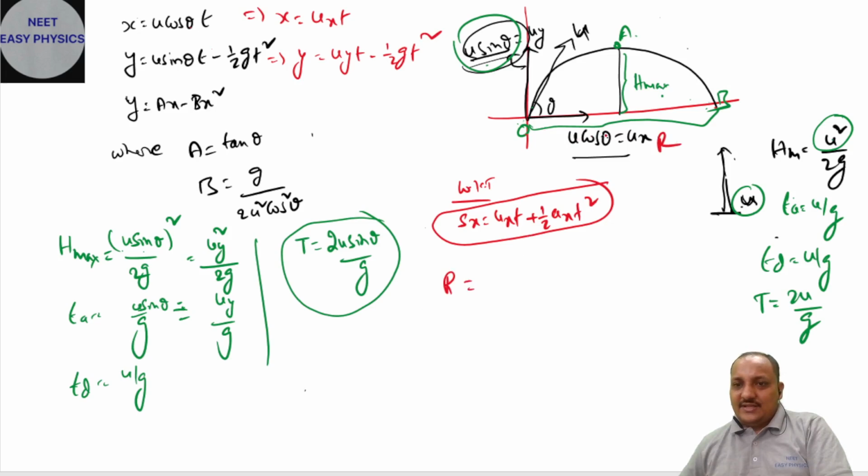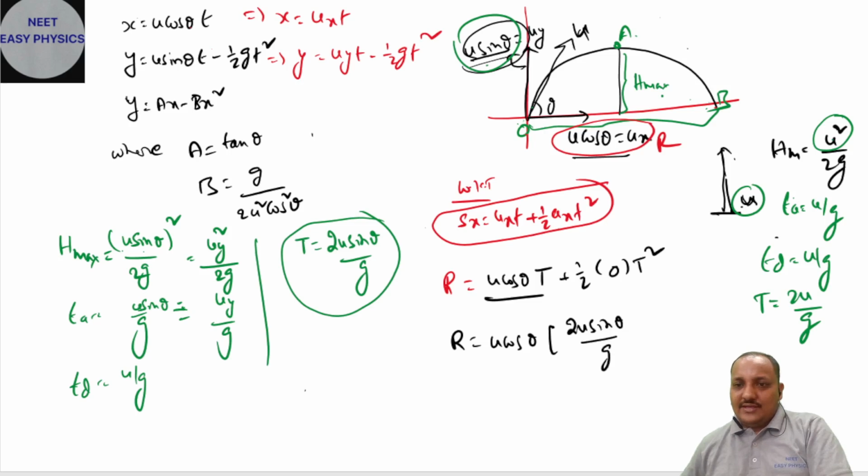What is ux? Ux is going to be u cos theta. Therefore, u cos theta, what is time? Total time. Then half ax t square, what is ax? Ax is 0. Therefore, capital R is equal to u cos theta into 2u sin theta by g. Then what you will get?